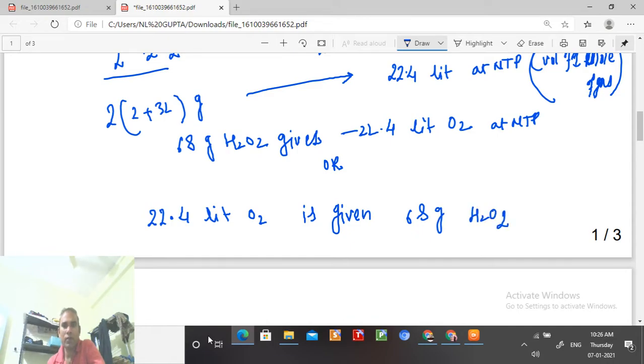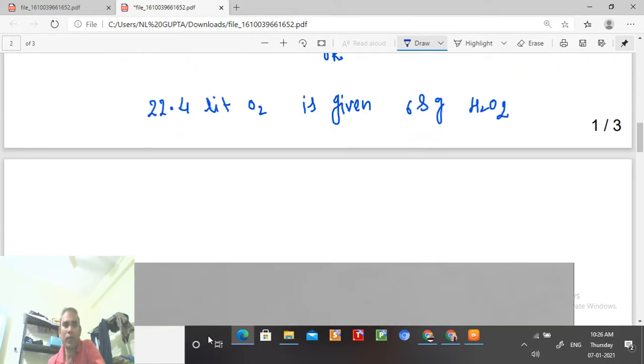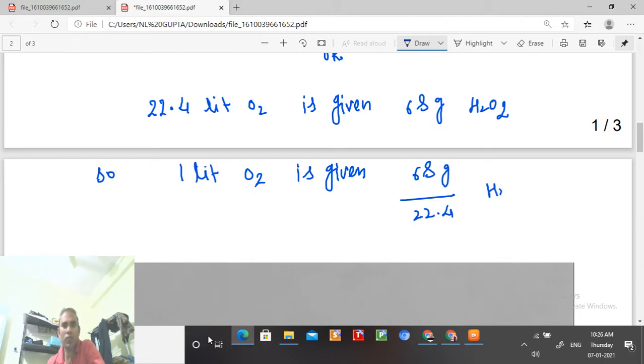So what can we write? 1 liter O2 is given by 68 gram upon 22.4 gram H2O2. Now they are saying 10 volume, so we need 10 liter O2 from H2O2.